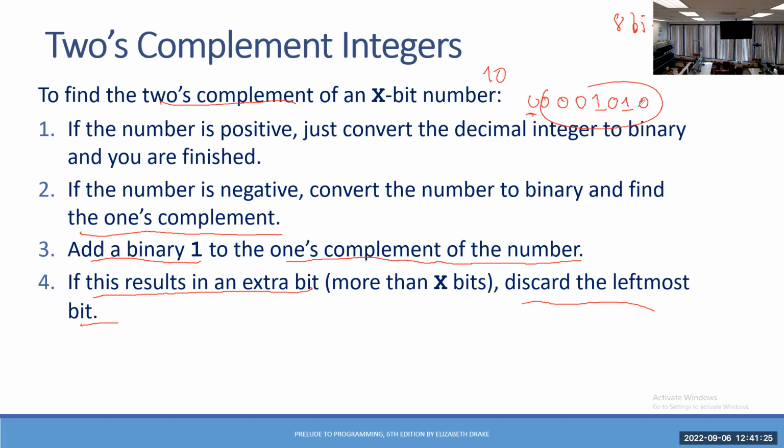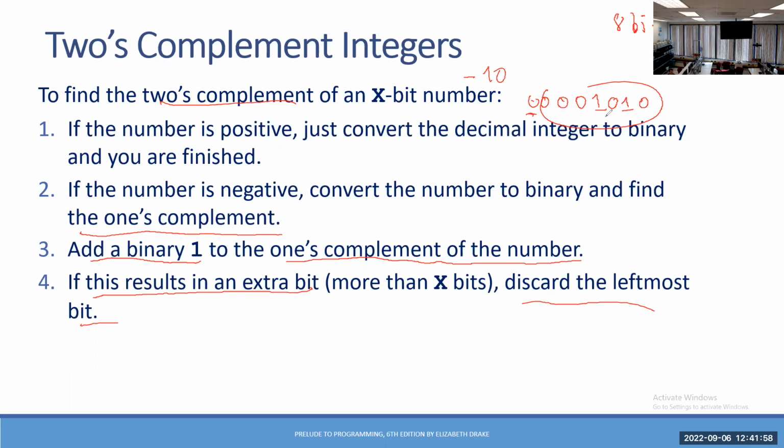And now, if I want to find negative 10 in the 2's complement, what do I have here for this one? For negative 10, the first step, convert it to this one here. Now, the next step, you have to convert it into the 1's complement. Okay, so tell me what do we have for this one?